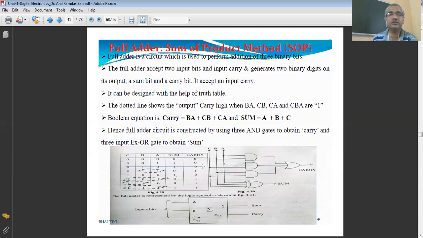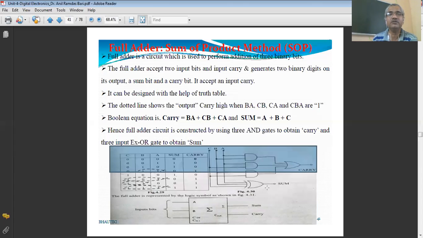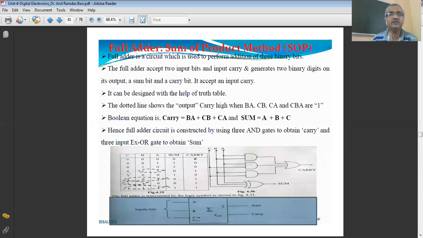So in this third condition, C is equal to 0, B is equal to 1 and A is equal to 0. So sum is equal to 1 and carry is 0. Now apply C is equal to 0, only B is equal to 1 is there. So B is equal to 1, and A and C are 0 0.